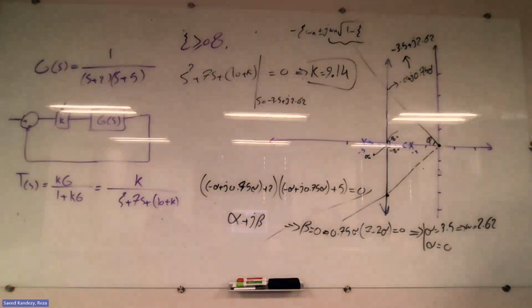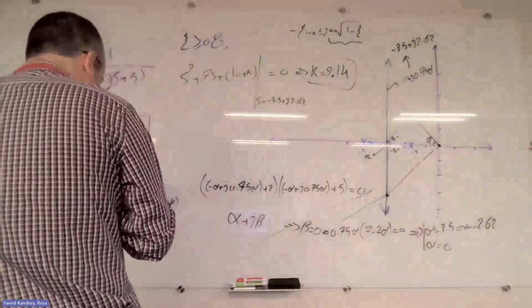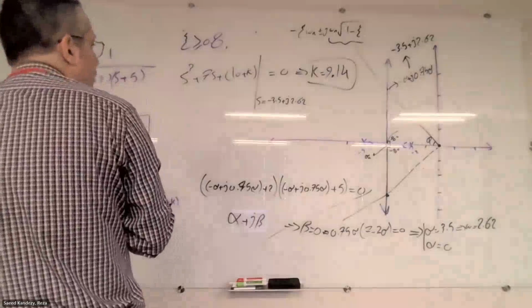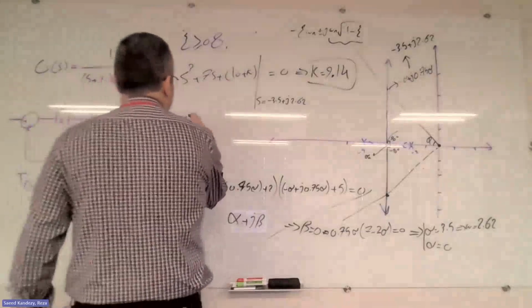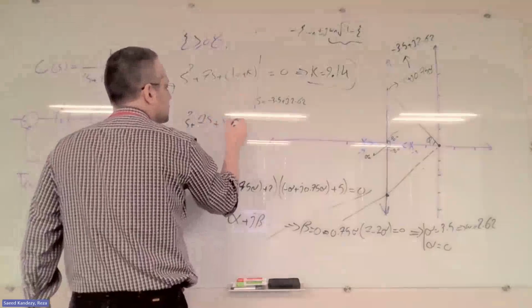You can solve it actually. Let's put a number, 8, which is less than that. Okay, you can put 1, whatever works for you. I'm going to put 8. If I put 8 here, my function becomes s squared plus 7s plus 18.